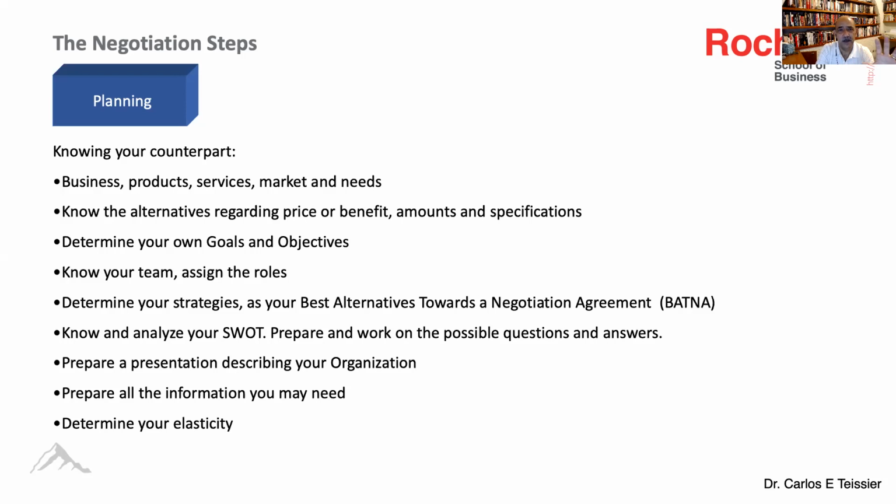So you will be able to sell at a higher price, and you are going to get the contract. Why? Because you found out information. Planning is about information. You have to find out everything: business, products, services, markets, needs, everything you know about.